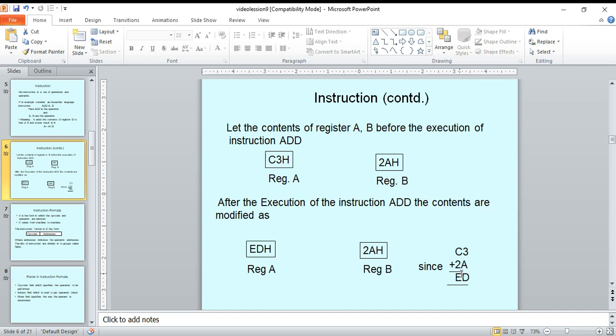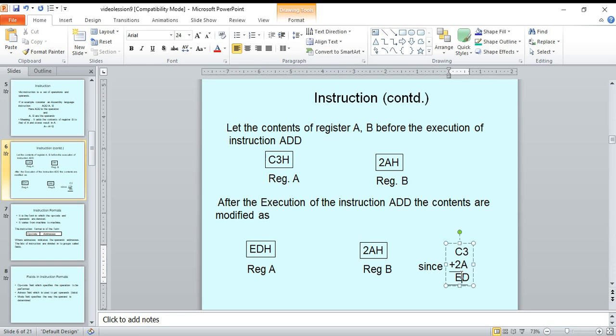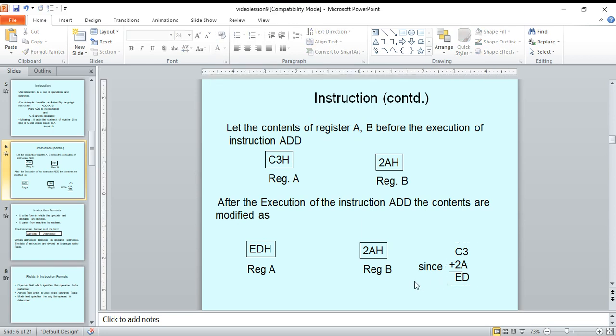After the addition operation, the result is placed in register A. After execution of the instruction, register A holds the result EDH, and register B holds the same value it had before the execution, which is 2AH. This is one example for the instruction.